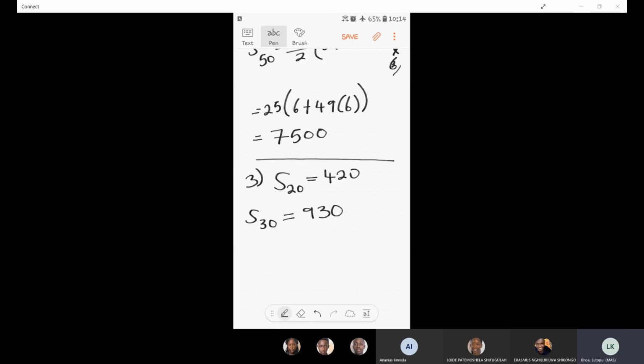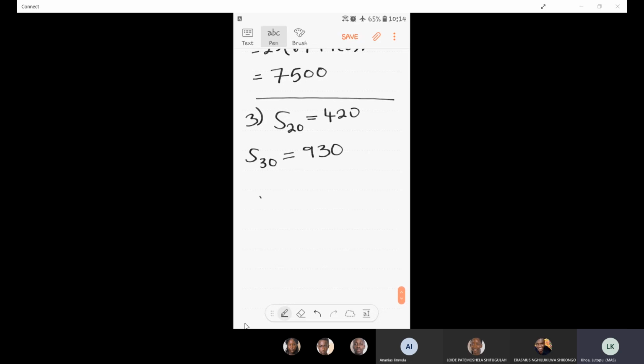So to do that, again, we will have to form simultaneous equations, which by now I'm sure everybody knows how to solve. So let us do that. Write down the formula. We know that S20 is equal to 20 over 2 times A plus 20 minus 1 times D, and this is equal to 420.